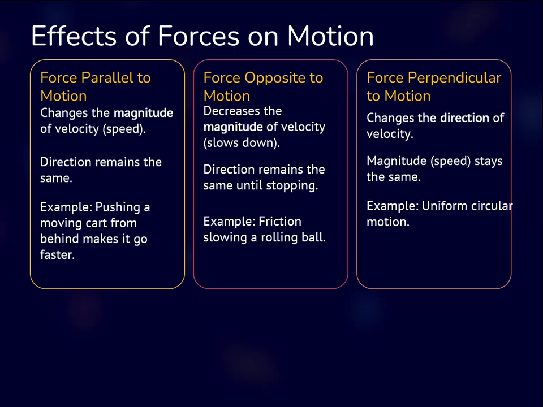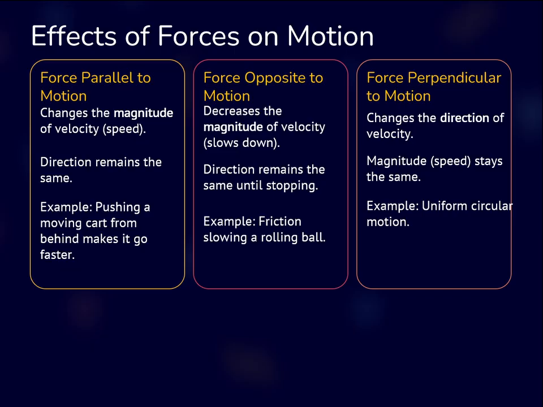This kind of force doesn't change your speed, but it changes your direction. A perfect example of this is uniform circular motion, like a runner on a curved track or a satellite orbiting Earth. The object keeps moving at the same speed, but the continuous sideways force bends its path into a circle.